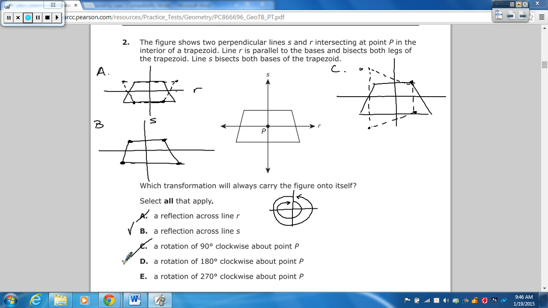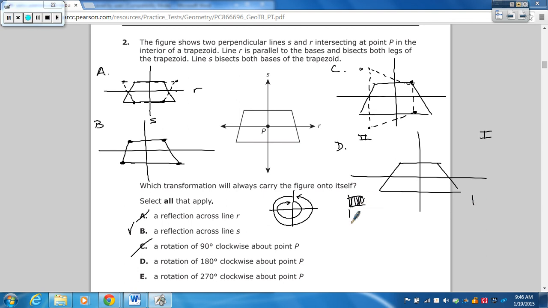180 degrees for letter D. If I go ahead and draw the original image again. Okay. 180 degrees means that it goes from, for example, if I have my 4 quadrants here, it's going to go to the opposite quadrant.